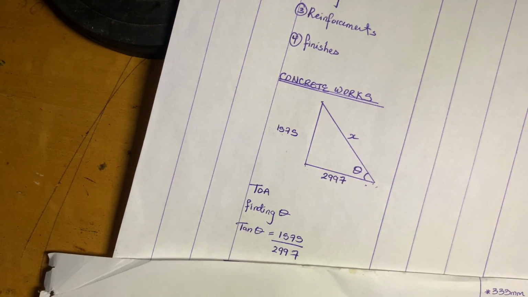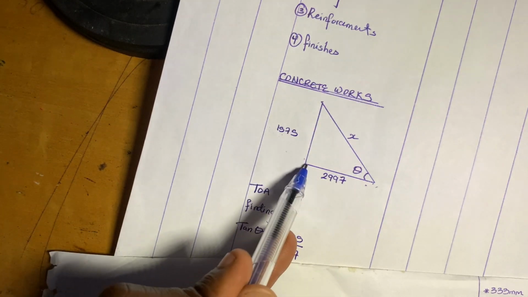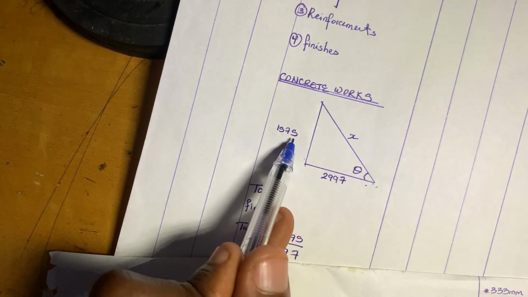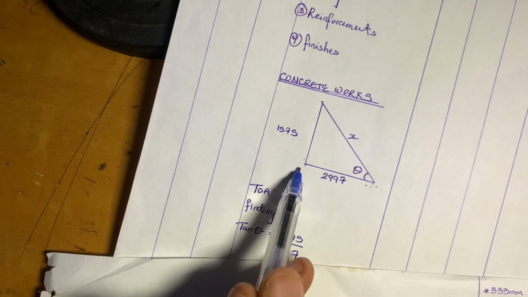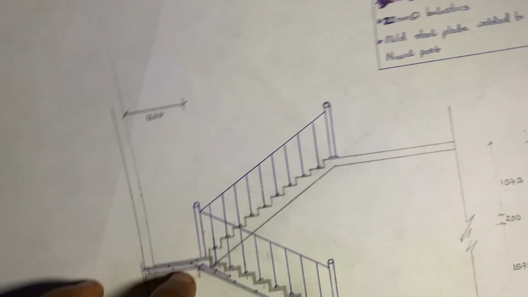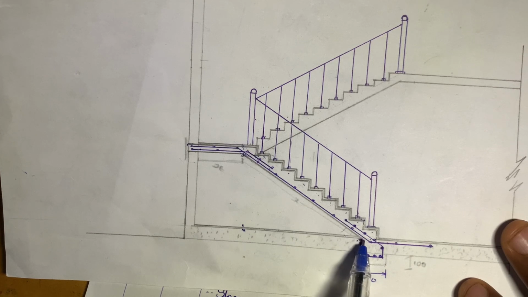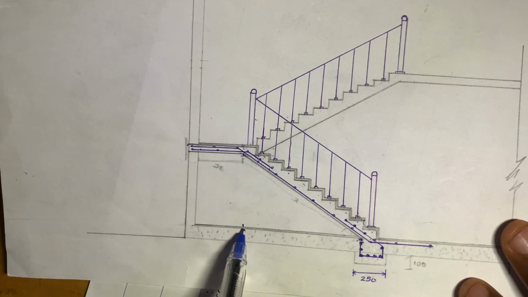So when you are not given this, this is how you calculate it. I've already told you how to calculate the height of the staircase using your risers. Now I'm going to show you how to find this distance using your thread. So now if you look at this, we're looking for from here to here.